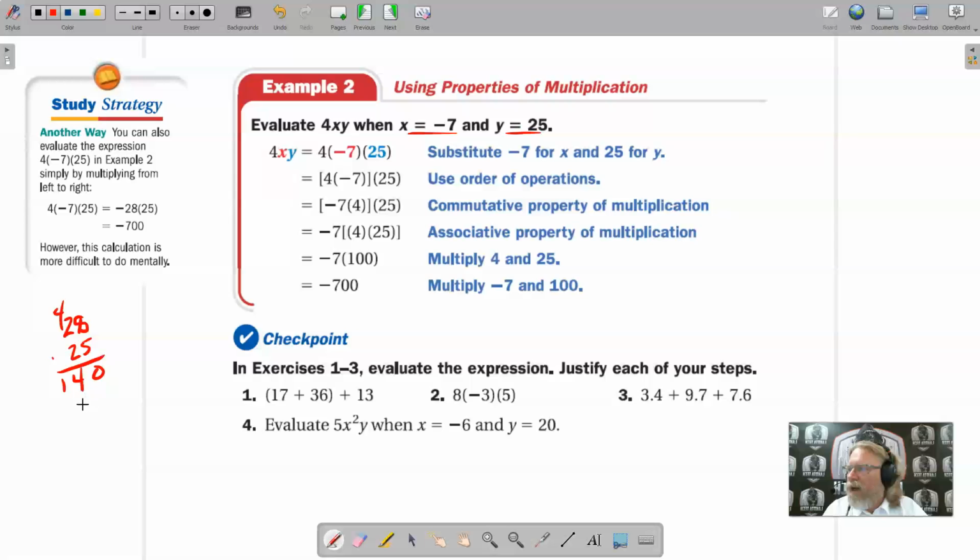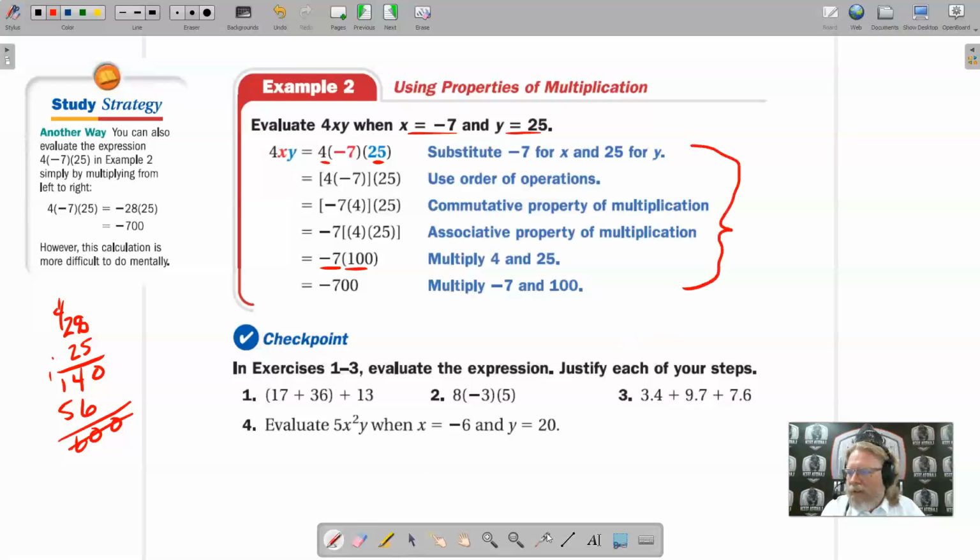I'm actually going to work it out. 0, carry the 4, 5 times 2 is 10... Not sure where I missed it, but someplace I missed out on one, which is a good illustration of why you would realize that 4 times 25 is 100, and then let's multiply it times -7. If you did that mentally, then you are incorporating all of these properties of multiplication to do that mentally.